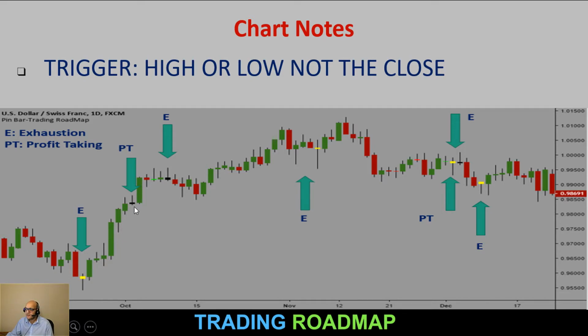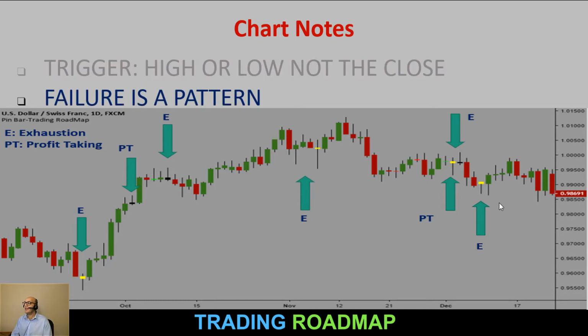However, if you waited for the trigger at the low of the pin bar, which never triggered, you would never have had this trade, so it would be nothing. You didn't have any trade. And you're going to find this concept applies a lot, so you have to understand this.